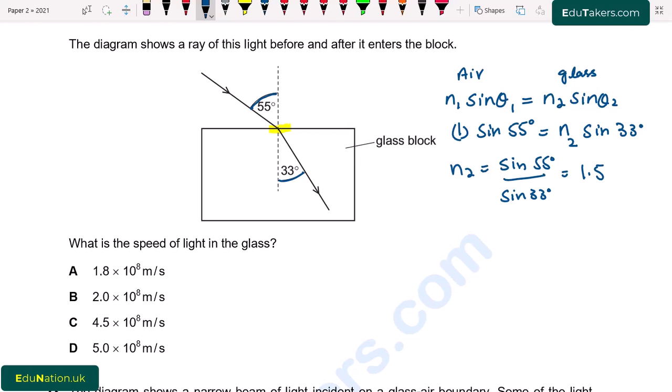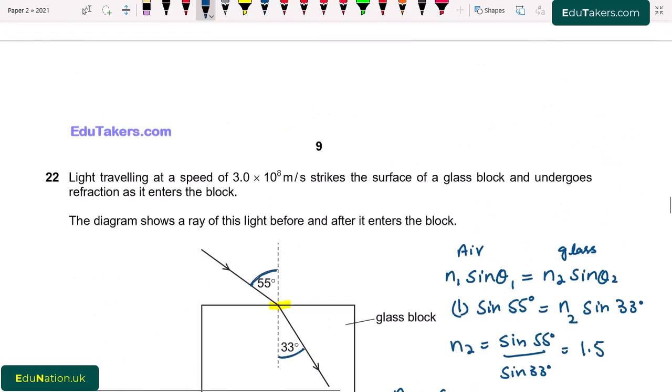Next we have to find out the speed of light in the glass. So I write here refractive index is the ratio of c over v, where c is the speed of light in air while v is the speed of light in glass. So v will be equal to c over n. c is given, which is 3.0 × 10^8 meters per second.